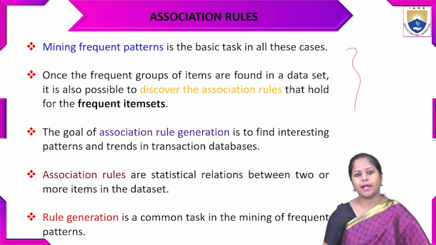Before purchasing items in a general store or a supermarket, for those items some rules are there. From the point of view of the seller, they keep those items together that we are going to purchase together.